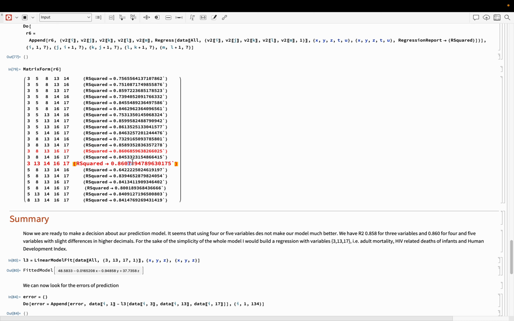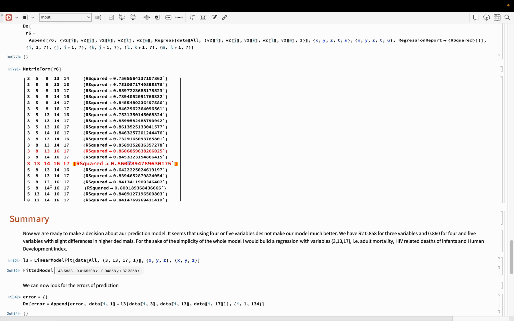So now we face the following decision. If we want to have a more complicated model involving, for example, 5 or 4 independent variables, or we want to have a simple model with only 3 independent variables, but a little bit lower R squared.